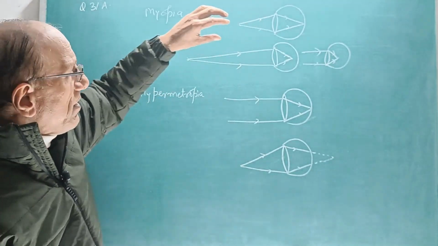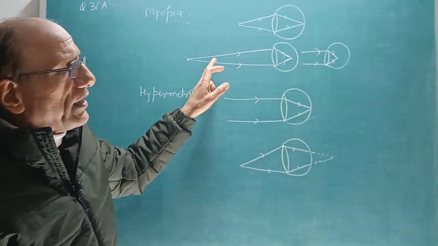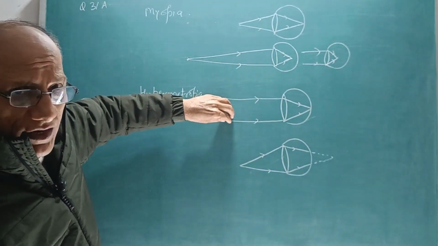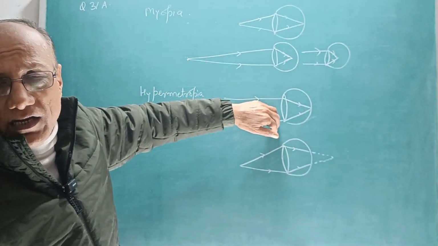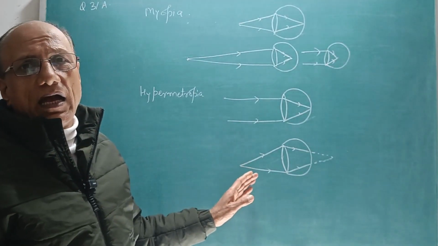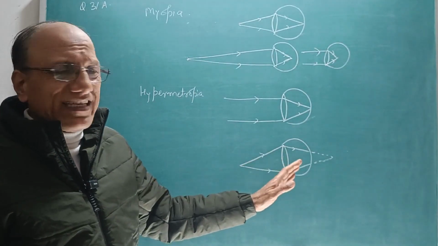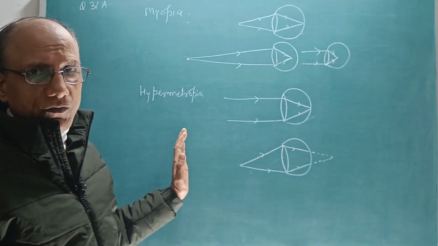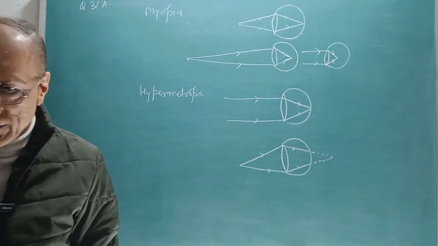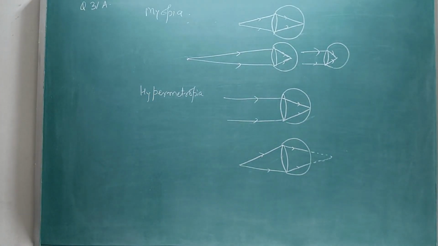In case of myopia, the person can see nearby objects very clearly, but distant objects cannot be seen. In case of hypermetropia, the distant objects are very clearly seen, but nearby objects are not seen by the person who is suffering with this defect. So these are the basic differences.